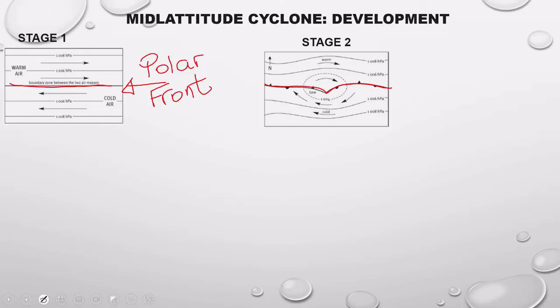Now, there is a disturbance in the polar front, because the polar front cannot remain straight forever, okay? Stage 2 then will be called the wave stage, because the polar front is disturbed and it changes the shape and forms a wave. The other name is called the developmental stage. But the examiner is often interested in what disturbs that front.